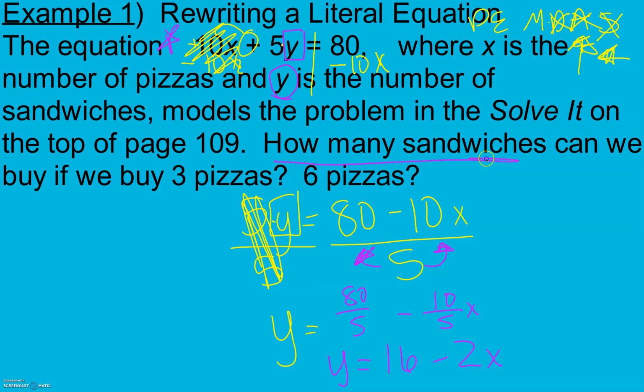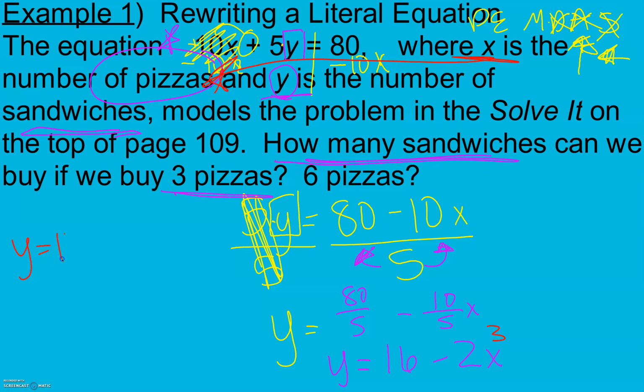Remember, we're looking for how many sandwiches, and y is the number of sandwiches. So the number of sandwiches is going to be 16 minus 2 times x, and x is the number of pizzas. So if we wanted to buy 3 pizzas and figure out how many sandwiches, I could plug a 3 in for x, because x is my number of pizzas.